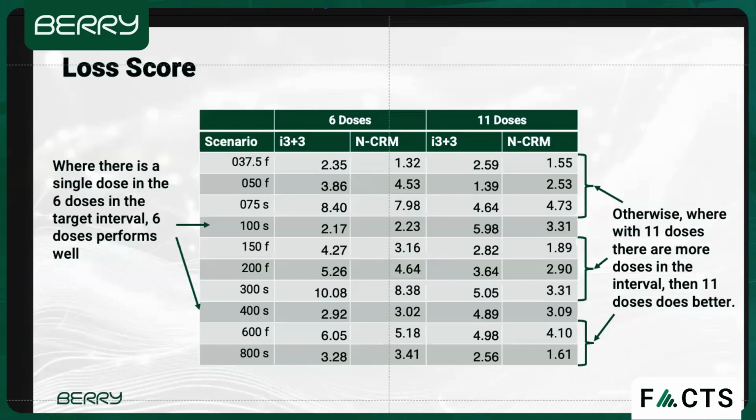I think it's a good idea to have a lot of scenarios, because in a setting like this, you do want to be prepared for the unexpected. And I think if you have access to FACTS, then the extra complexity of the NCRM is coped with by the fact that you can simply use FACTS to do the processing during the trial.